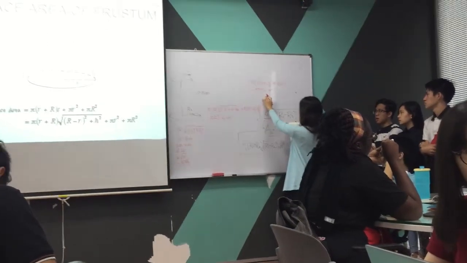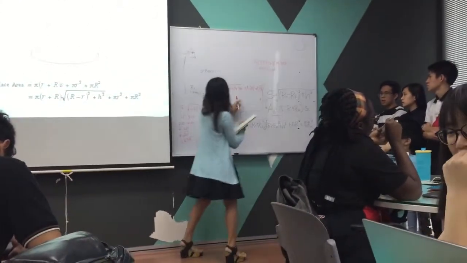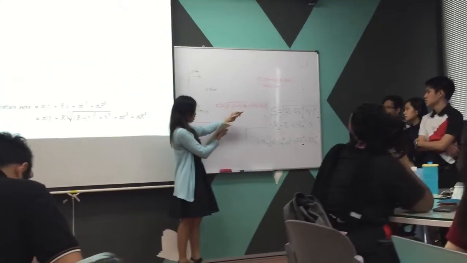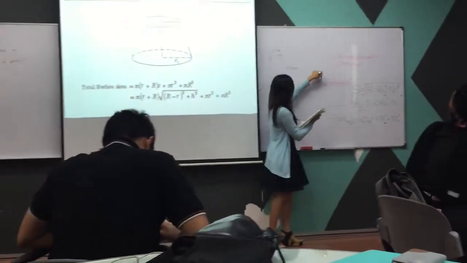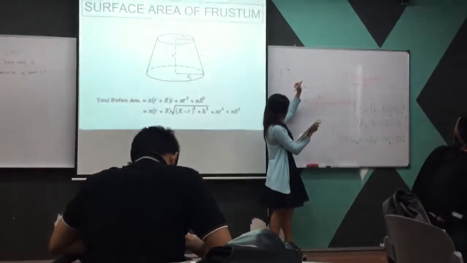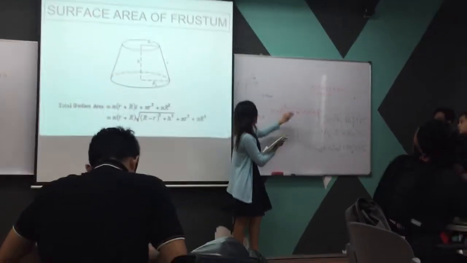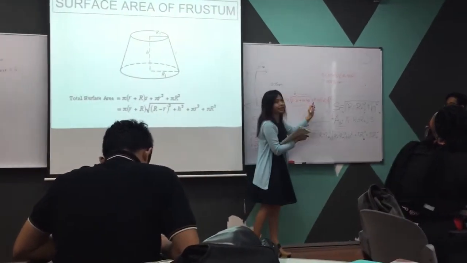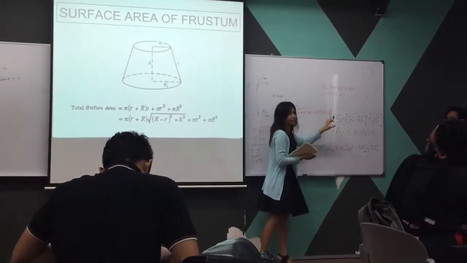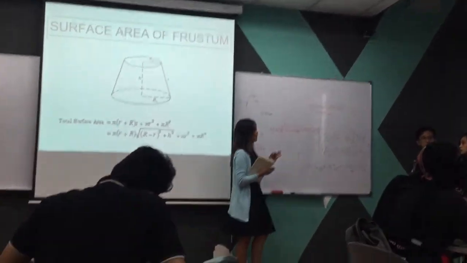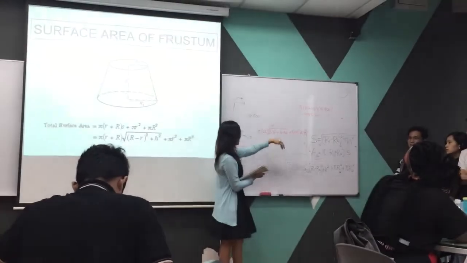When you got the lateral surface area, you just substitute this one. Instead of writing so long and getting confused, you can do it the simple way, step by step. If you are not a genius, so just do it.